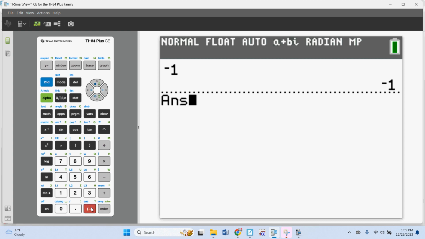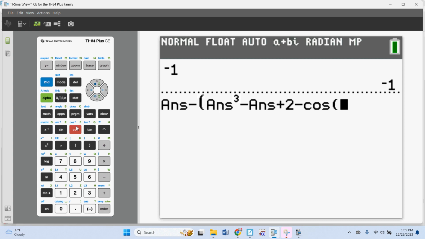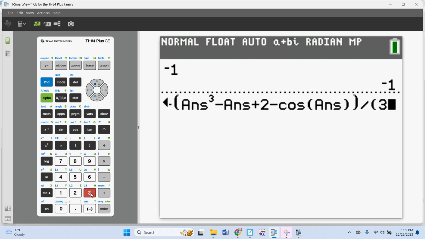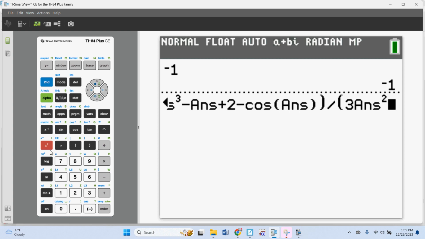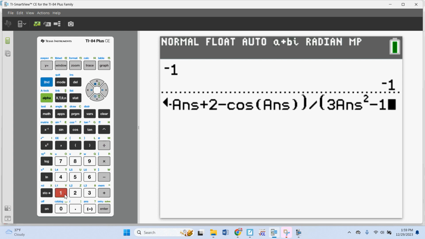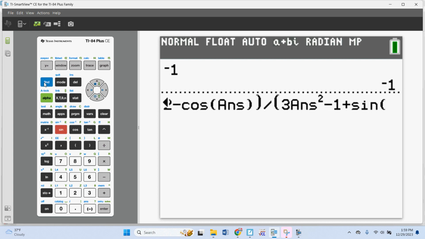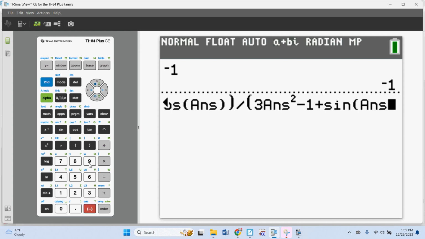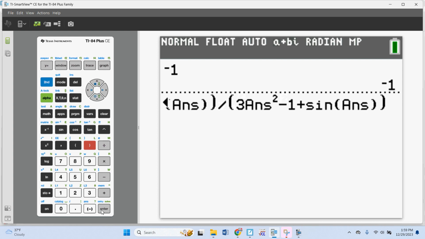Our formula is answer minus, once again, make sure you are in radians for this, minus answer plus 2 minus cosine of my answer, divide by 3 times answer squared minus 1 plus sine of my answer, parenthesis, parenthesis.